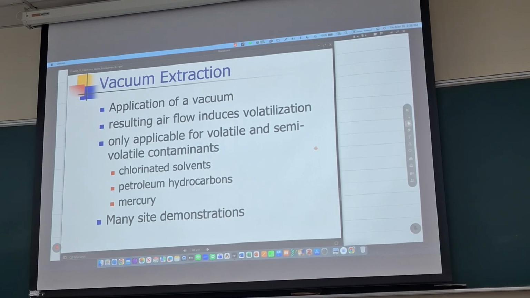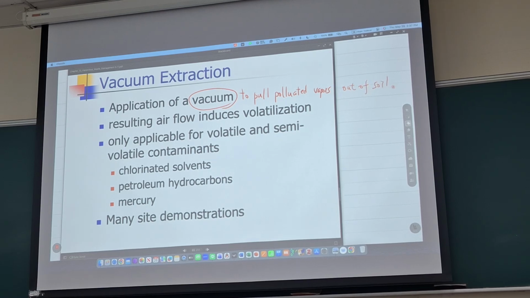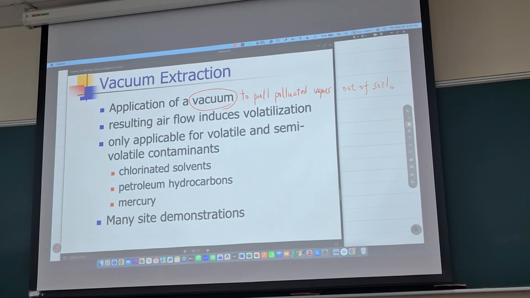For vacuum extraction, simply we use vacuum to pull polluted vapors out of the soil. There may be some vapors in the soil, so we use vacuum to pull the polluted vapor out of the soil.